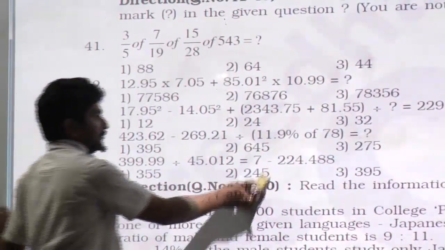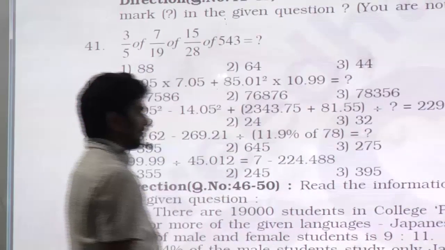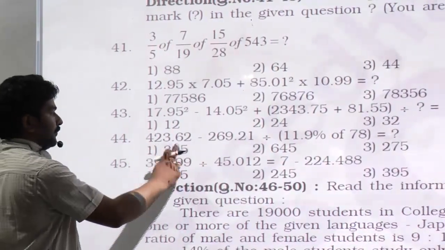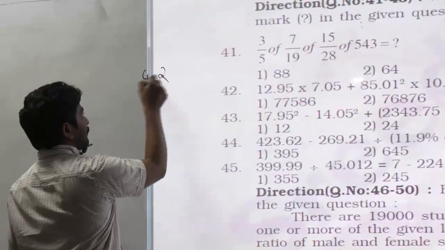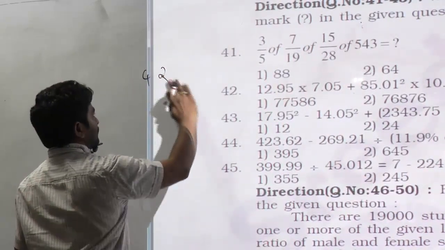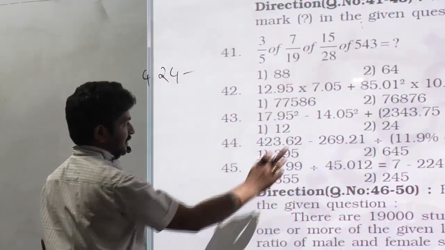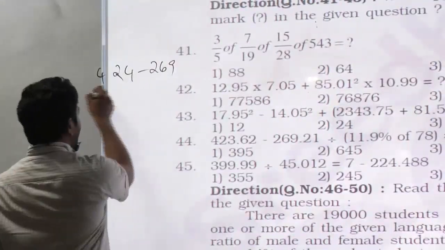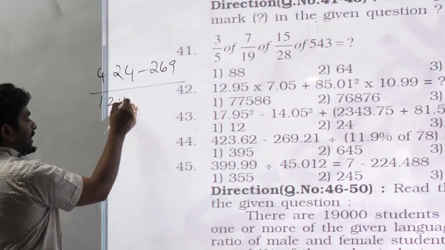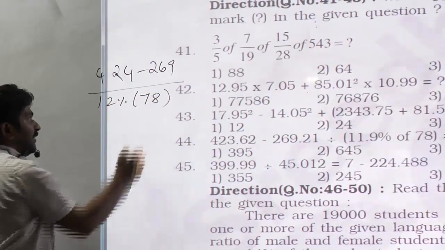Next. 424 minus, let's write it as 269 divided by 12% of 78.